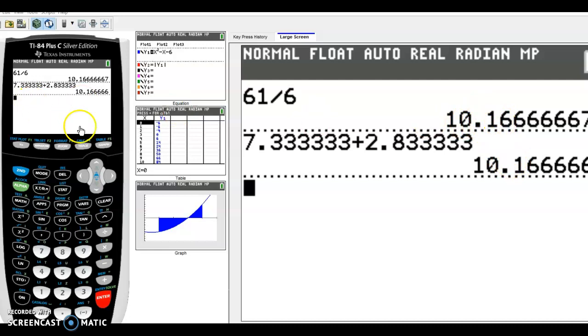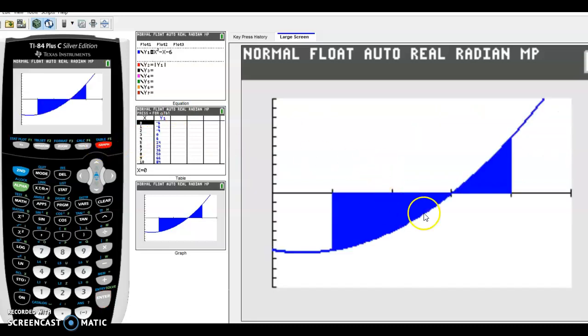So going back to the curve, overall the object moved in the negative direction 7.33333 units, but then moved in the positive direction 2.83333 units. So we found its displacement first, which is different than how far the object actually moved. The object actually moved 10.1666 repeating units, or 61/6 units.